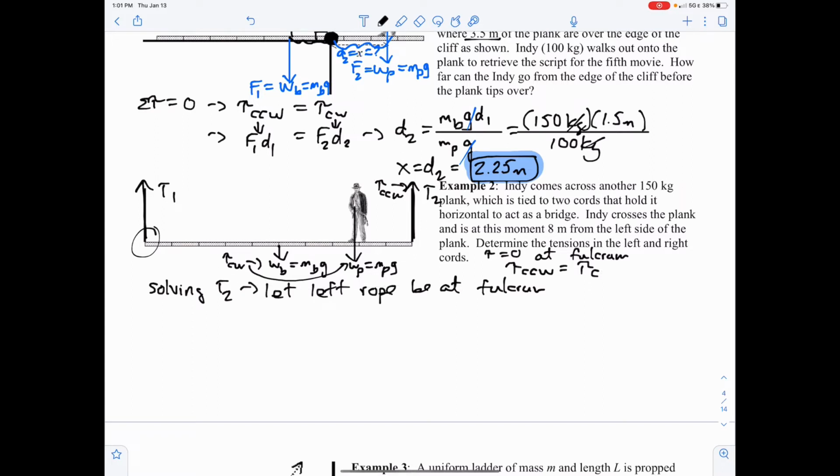Remember, the equation for torque is perpendicular force times distance. Now, don't cancel the G's this time because tension does not have a G, and you only have G's in these two terms here. So don't cancel the G's in this problem. So we've got one counterclockwise torque, which would be tension 2, times its distance, which we'll call distance 2, I guess.